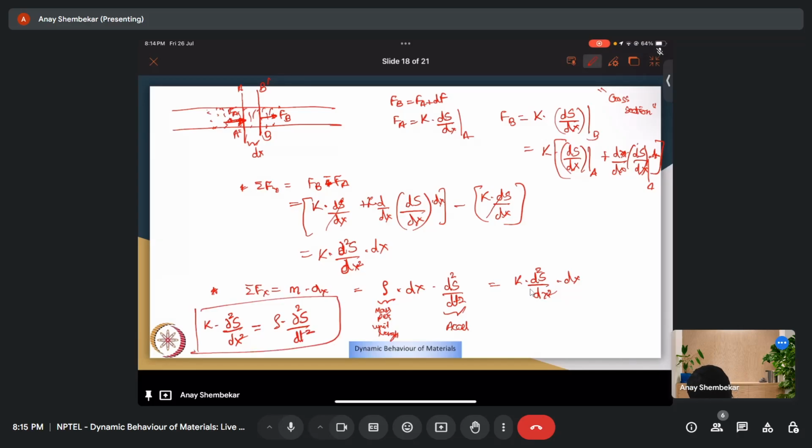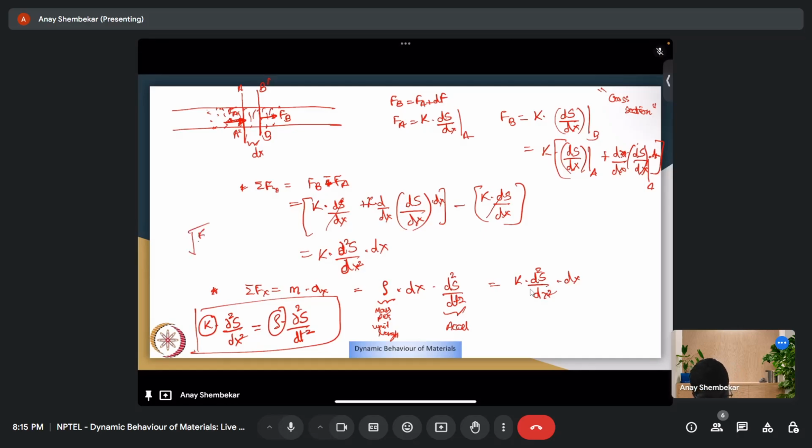So one is a stiffness measure, the other an inertia measure. From this you can get the wave speed, root of k by rho.